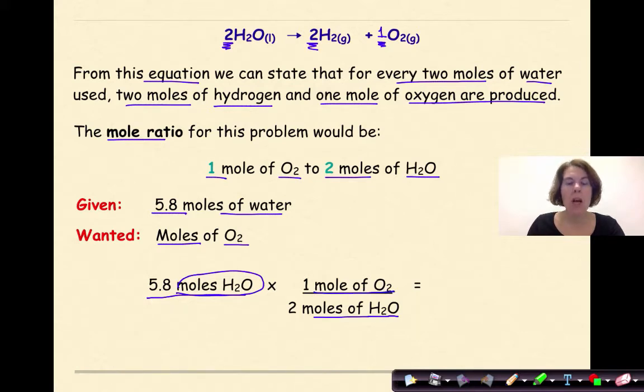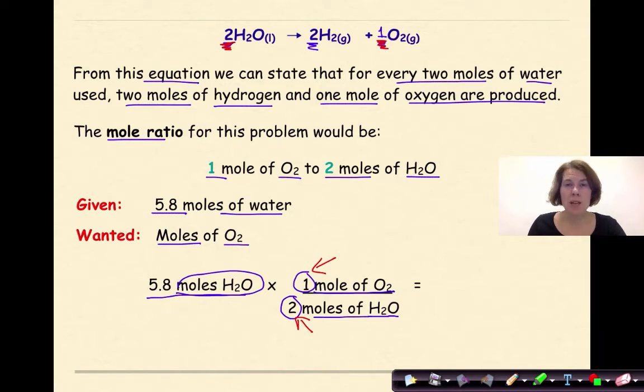Now the question is, where do we get these numbers? These numbers come from the balanced equation. If I look up at my balanced equation, I can see 1 mole of O2 right here, and 2 moles of H2O, which I have right here. So those numbers in this ratio as we do these mole-to-mole problems come from the balanced equation, always.